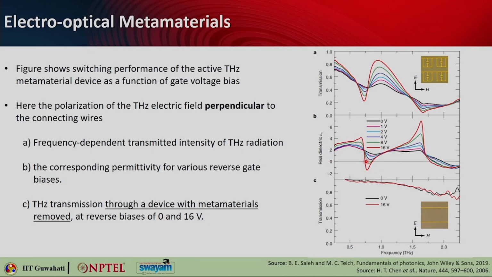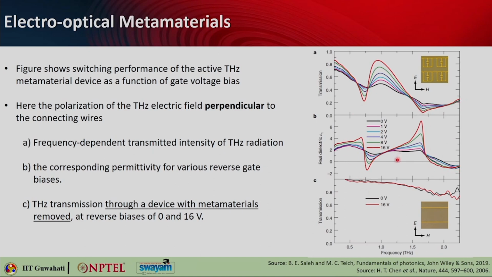At a certain frequency range you can also see that this metamaterial is behaving like a metal. The real part of the dielectric constant becomes negative, and those are the cases where the transmission significantly drops, because metal will be mostly reflective. In other cases it does go well. Again, when this part goes negative, the transmission again drops.